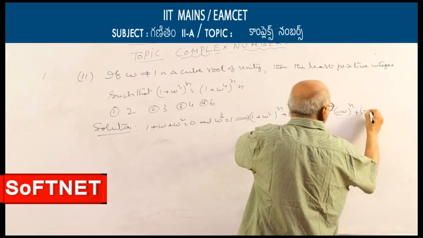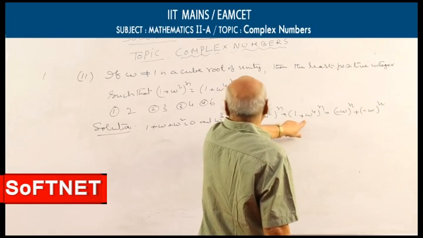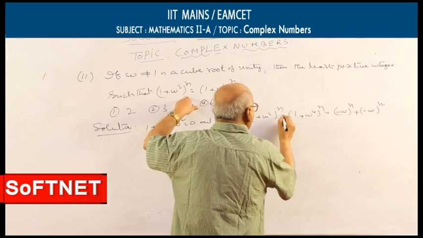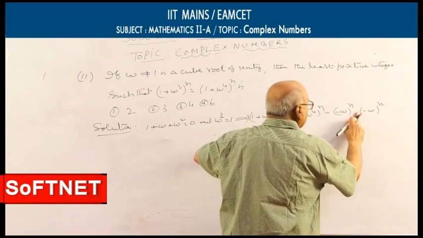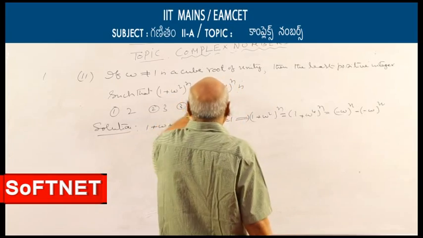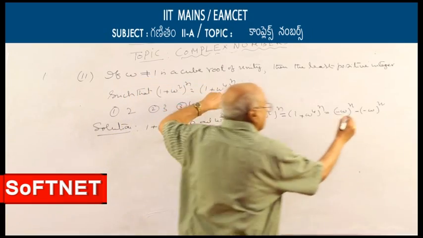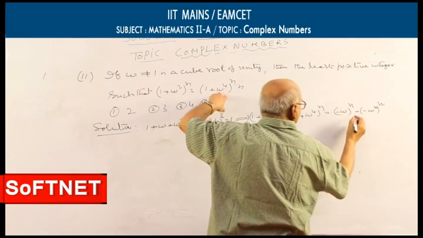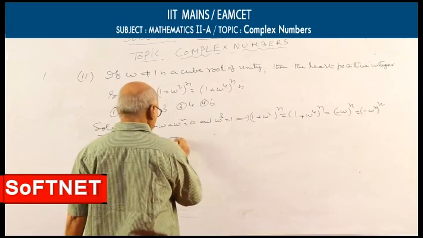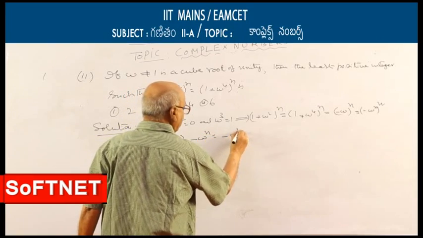Please see, 1 plus omega square is minus omega and 1 plus omega power 4 is 1 plus omega, which means minus omega square. So that implies minus omega power n is equal to minus omega power 2n.